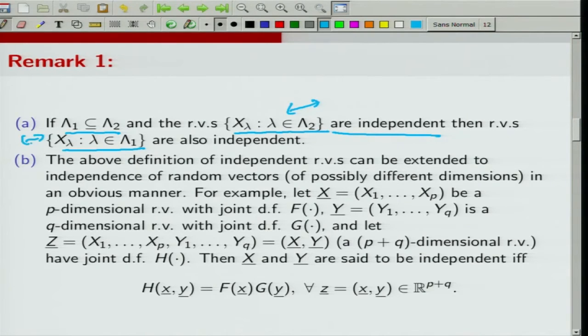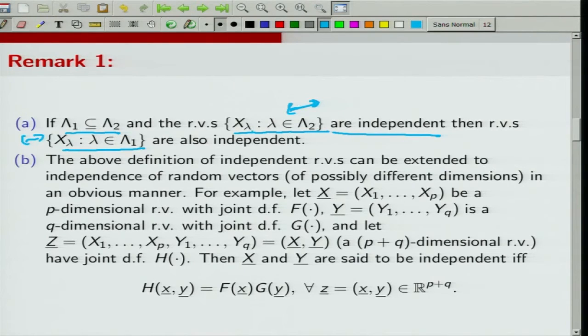What this remark says is that if a larger family of random variables is independent, then the random variables in the smaller family are also independent. That is obvious, because any sub collection in the smaller family is also a sub collection in the larger family. So, the joint distribution function would be the same as the product of marginals.